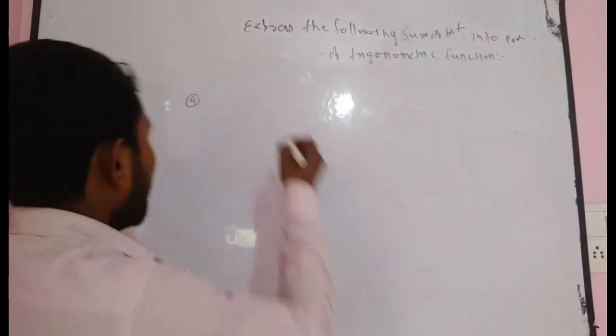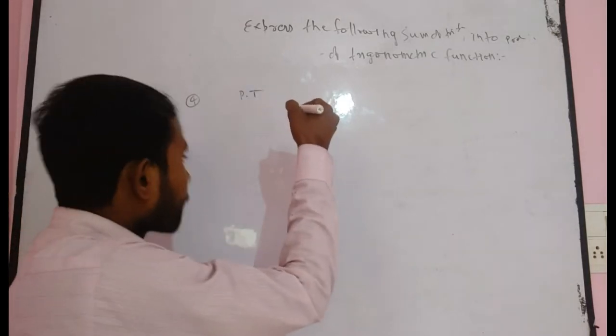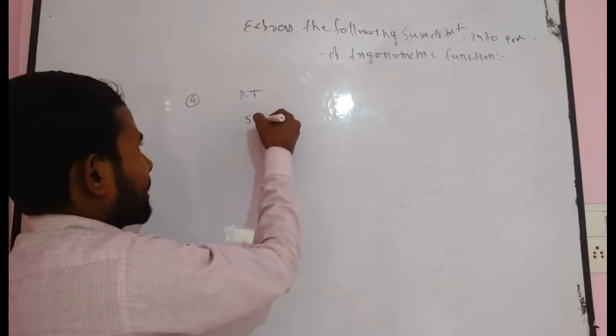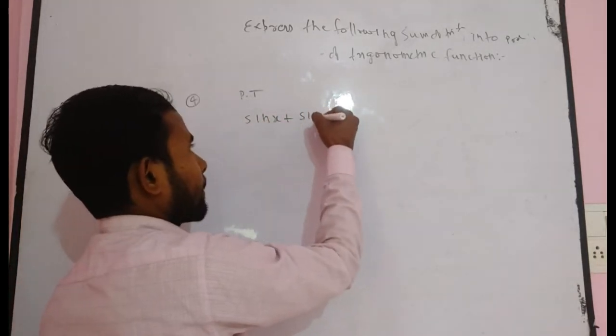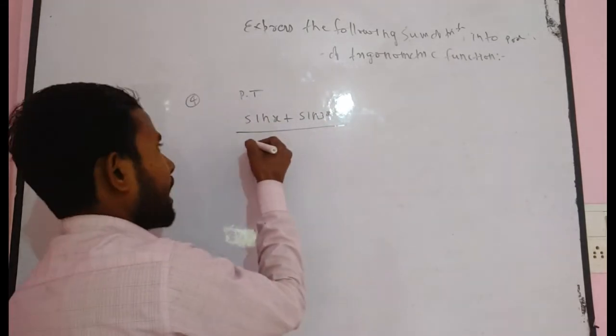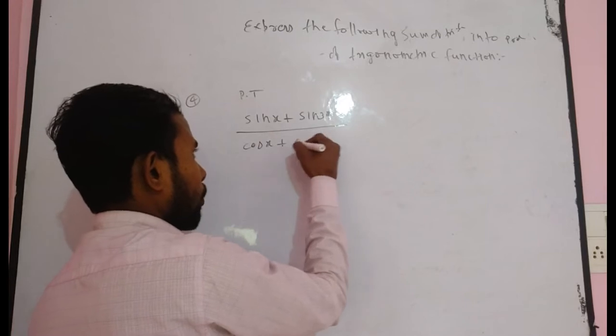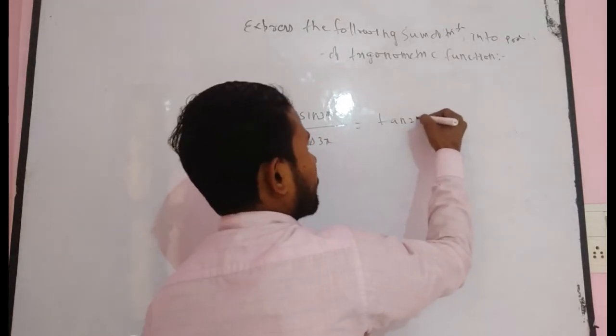It is given that you have to prove that sin x plus sin 3x divided by cos x plus cos 3x is equal to tan 2x.